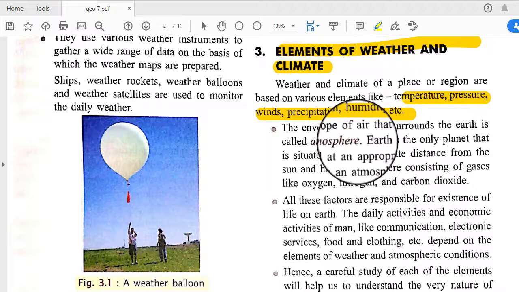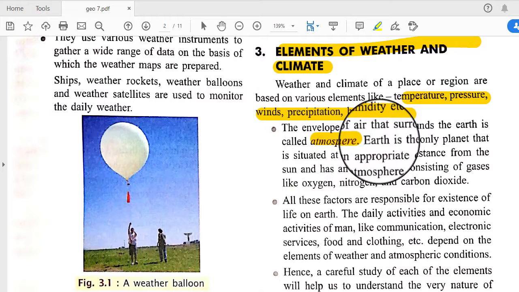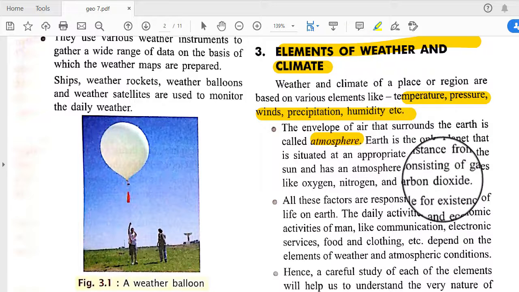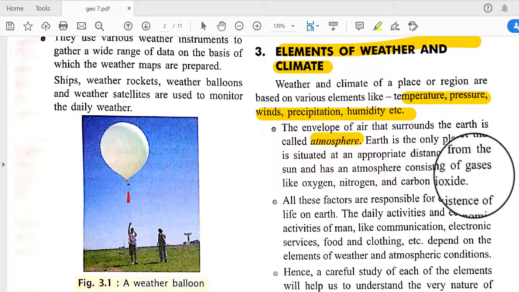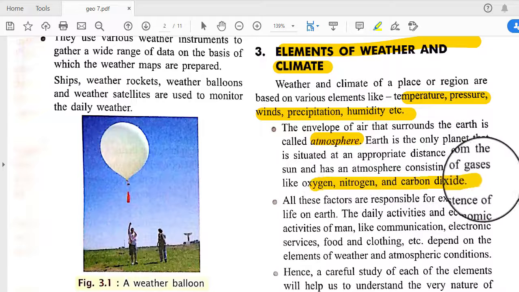So we already know that the surrounding of the earth is covered with one invisible layer which is called as atmosphere, and earth is the only planet that is situated at an appropriate distance from the sun and has an atmospheric condition of gases like oxygen, nitrogen and carbon dioxide.